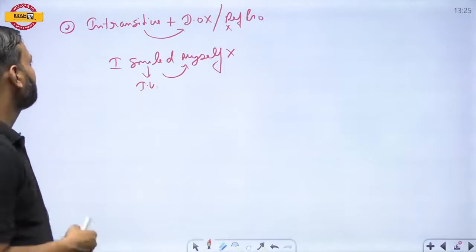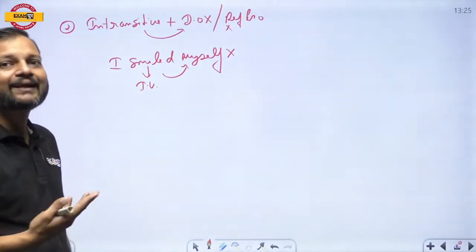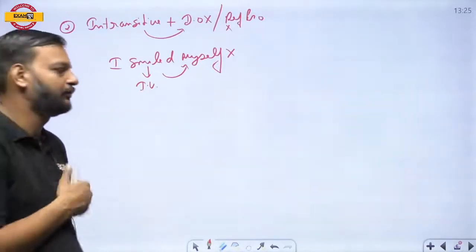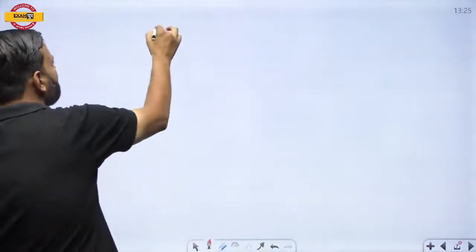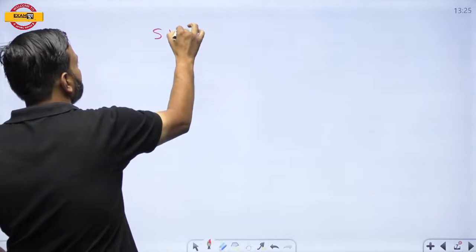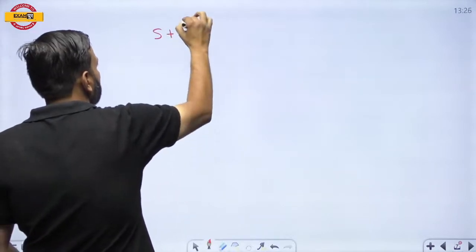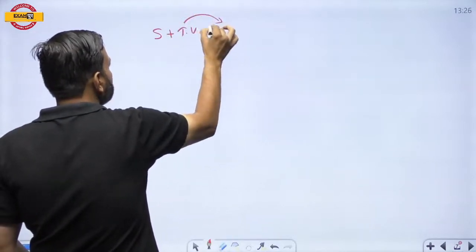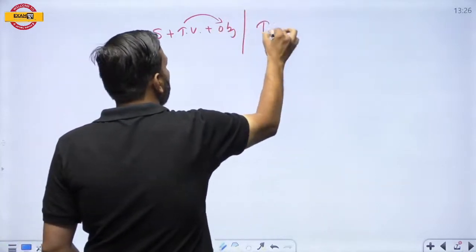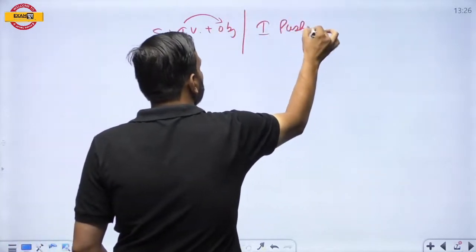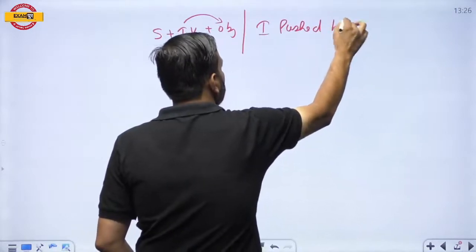Now let's talk about the ergative verb, which is our hero in this question. A transitive verb moves towards the object. For example, I posed him.